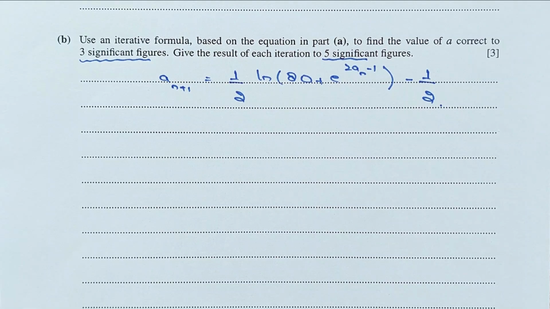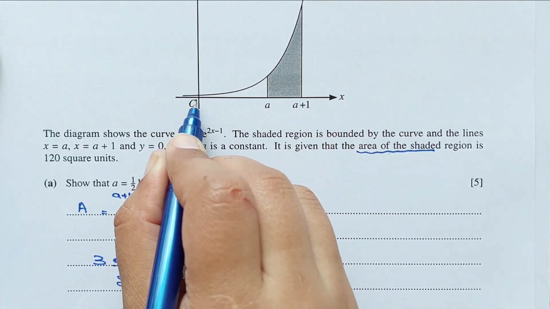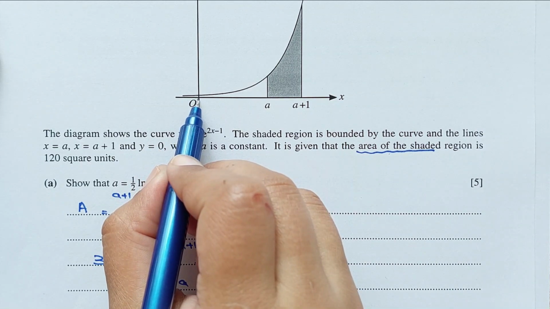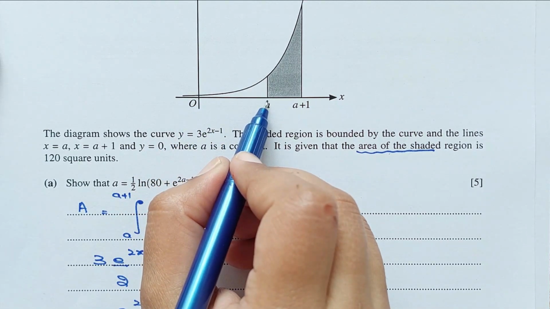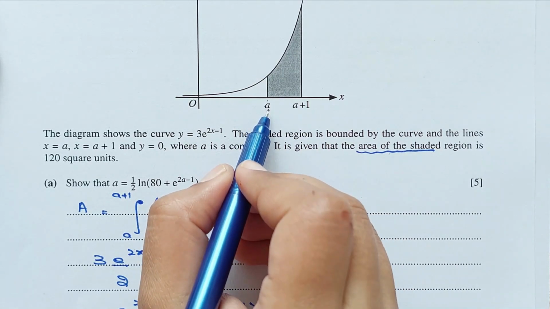Now we have to select the initial guess, the initial value for a. As you can see, the a value is not 0, so we are not taking it as 0. Maybe it is 1, 2 or 3. Let's see what the initial guess is.